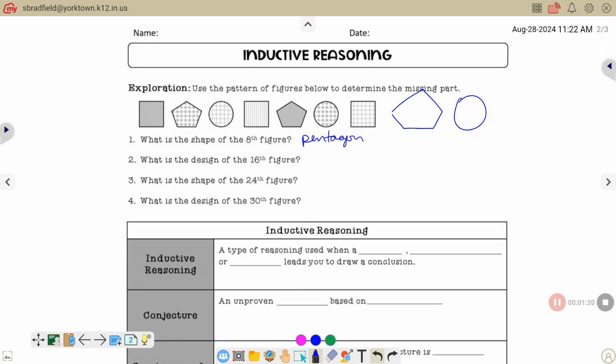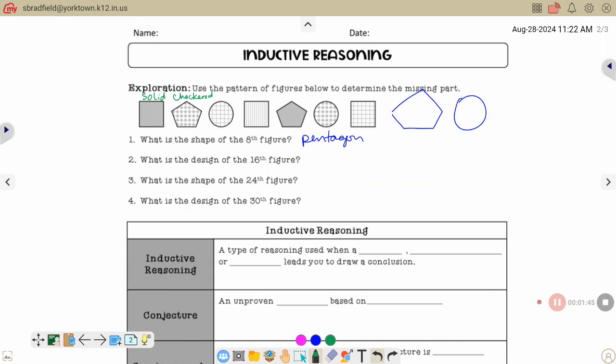What is the design of the 16th figure? So let's look at the designs really quickly. In this first shape, I would call it maybe a solid. Okay, it's filled in completely. The second one is checkered. Looks like chicken. Checkered.